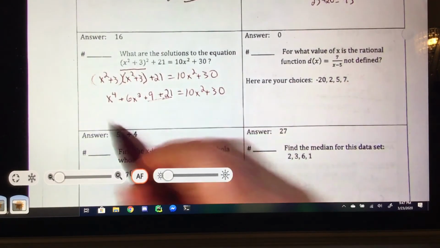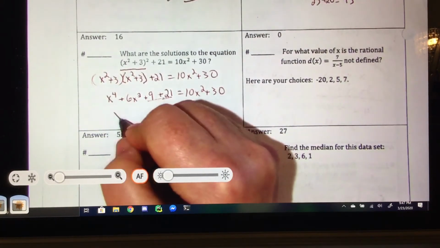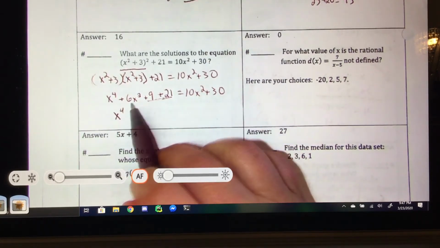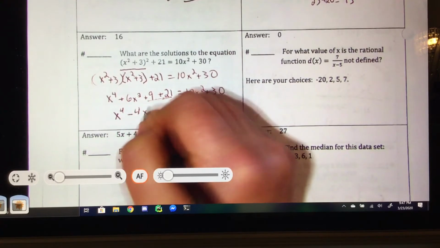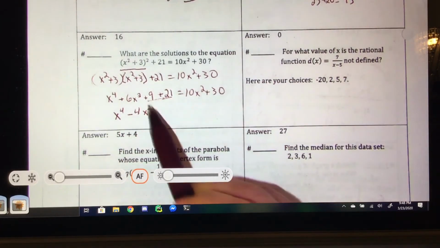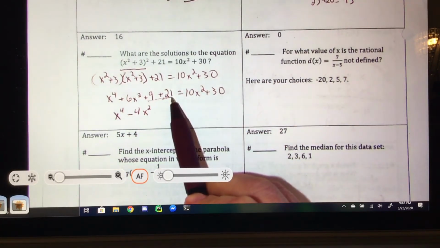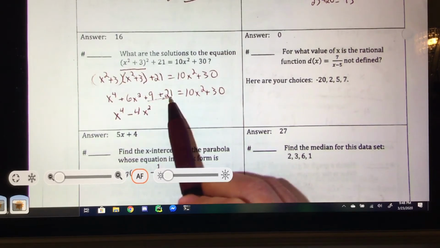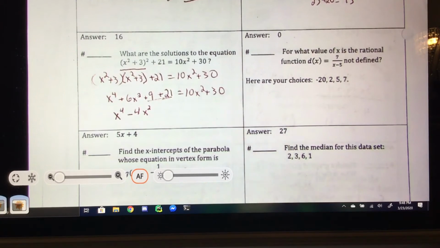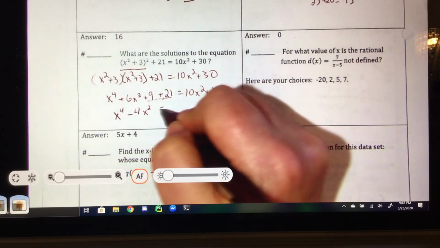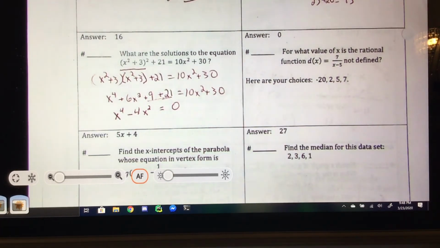If you'd end up with x to the 4th, let's see, 6x squared minus 10x squared is minus 4x squared. And then 9 and 21 is 30. And if I subtracted 30 from both sides, the numbers go away.